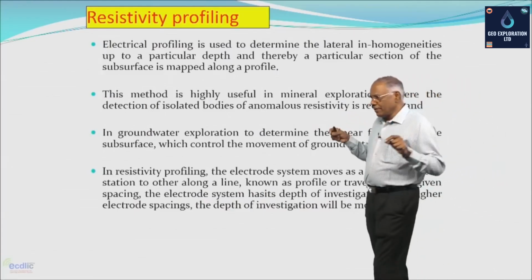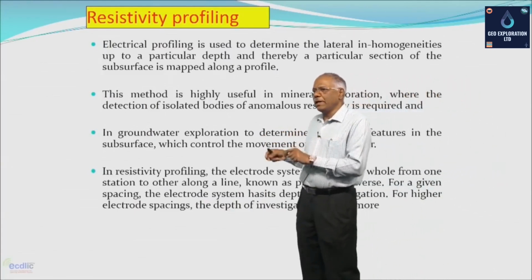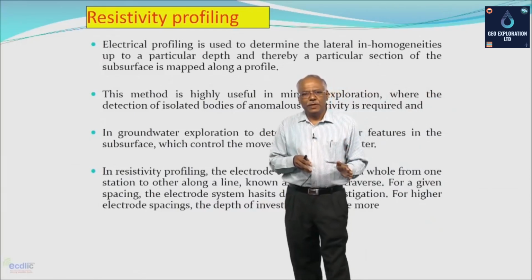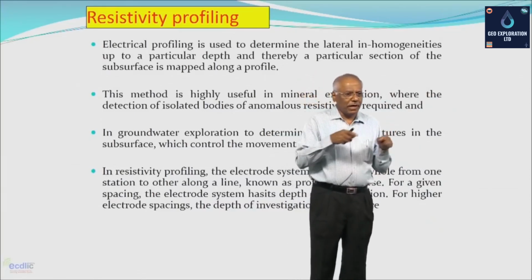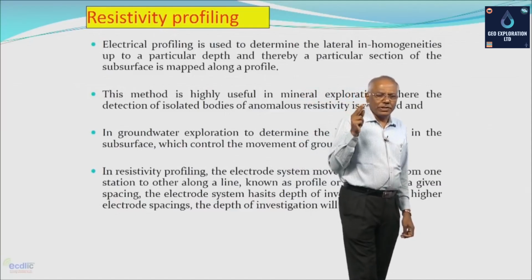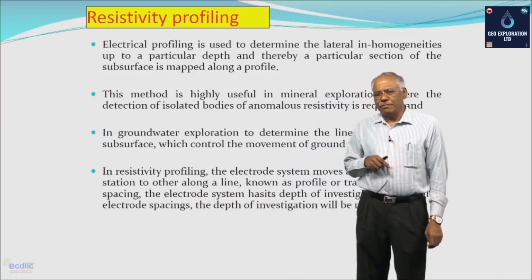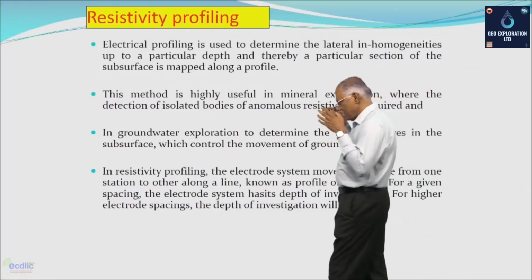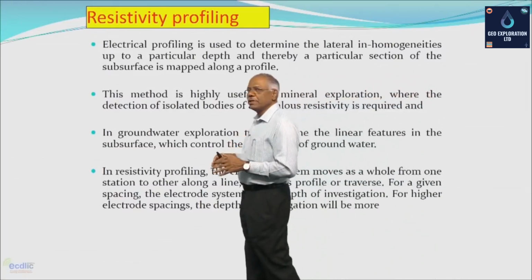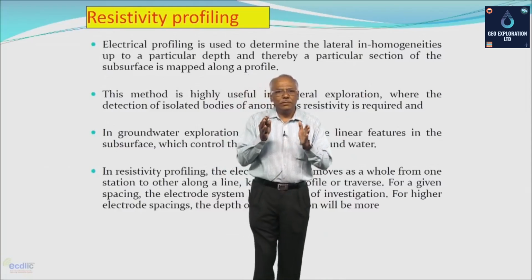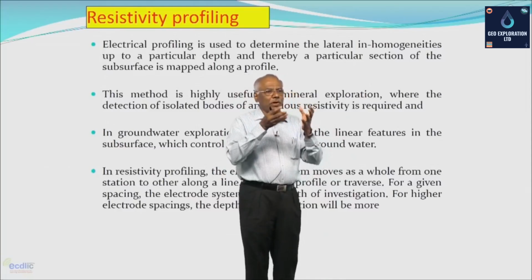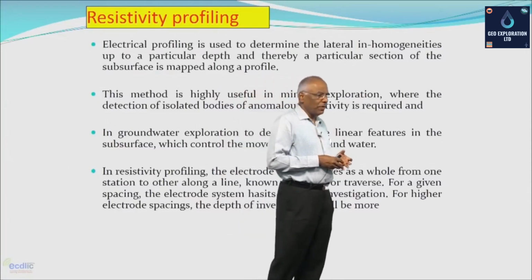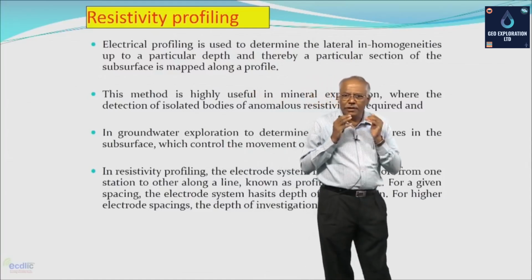Once you have the data collected by any one of these two techniques, then you can make a graph of AB by 2 versus resistivity, that is what we have seen. But when you are in the field and you want to locate the particular spot for the search of the groundwater, then you need to look at which particular spot I should choose for actually finding out the groundwater.